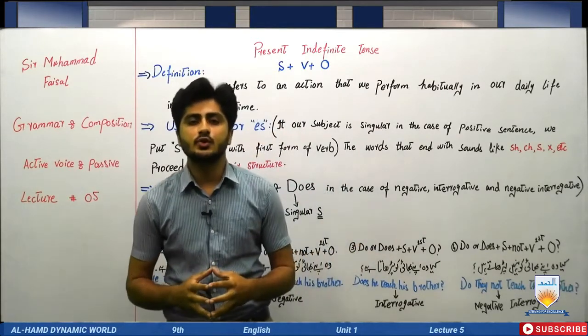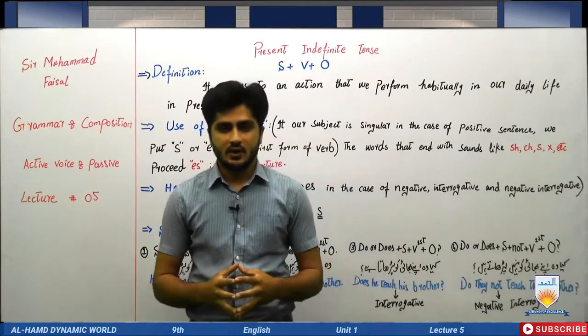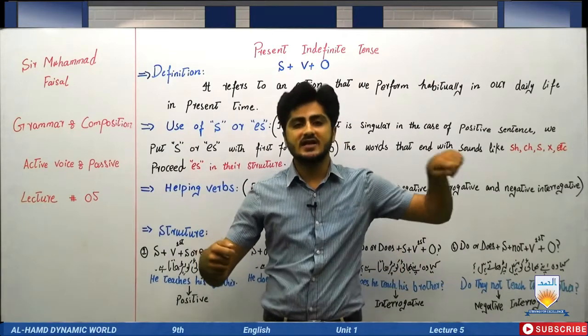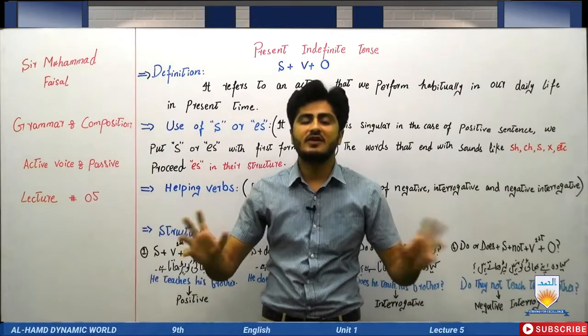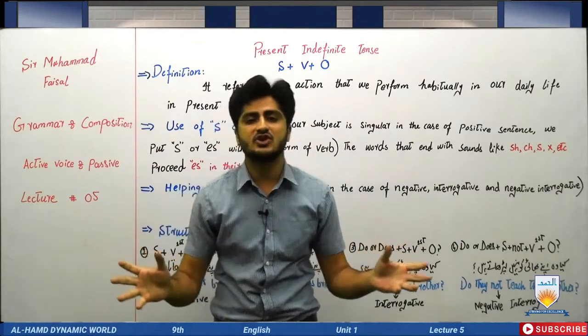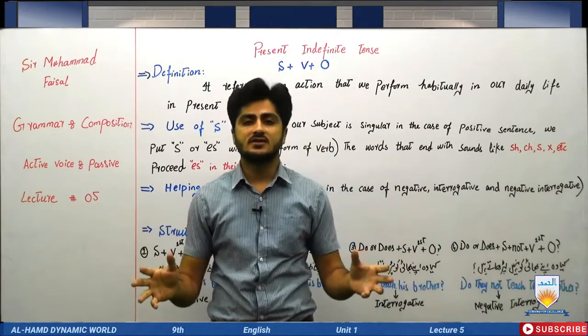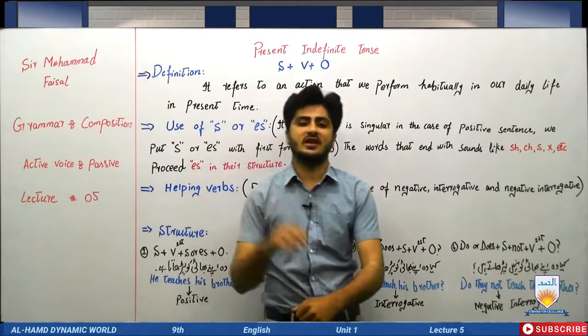It also includes universal truths and proverbs. Universal truths mean the sun rises in the east, the sun sets in the west. This is in fact a universal truth. It cannot be changed. Such kind of sentences are always formed in present indefinite tense.